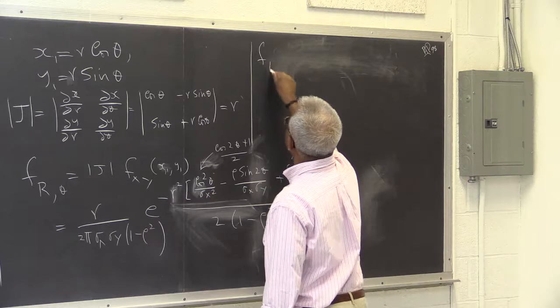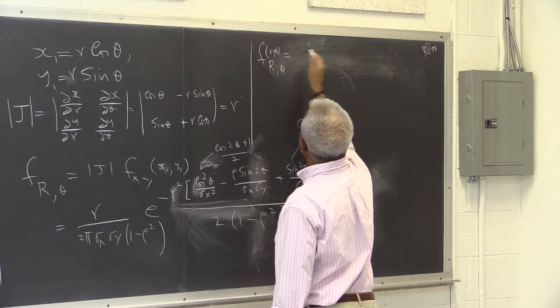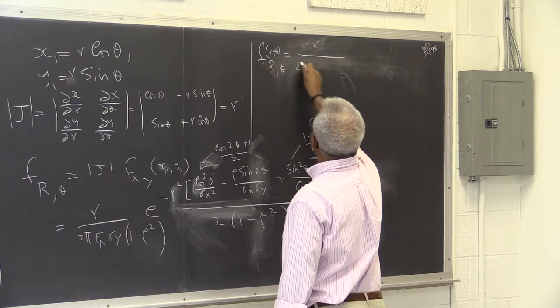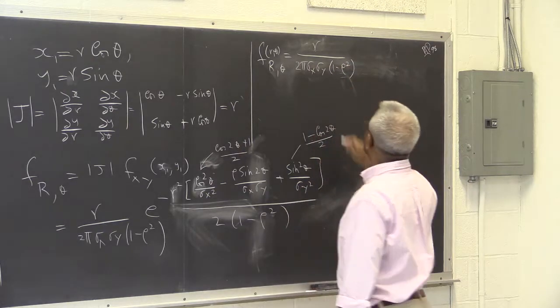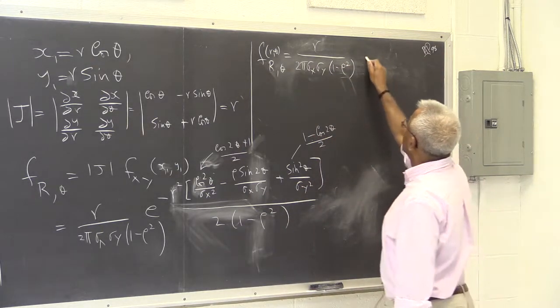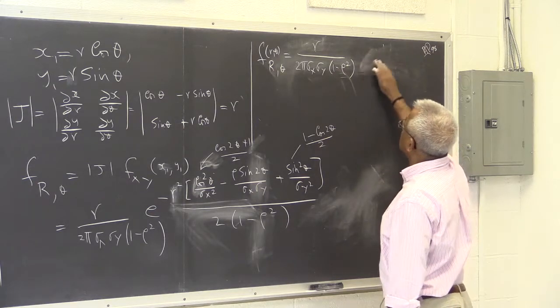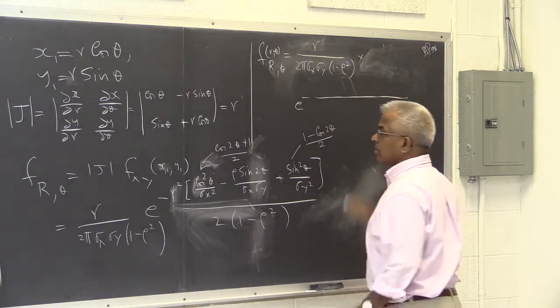So f of r, theta, (r, theta) would be multiplied by, I'm going to write it here, e raised to minus.